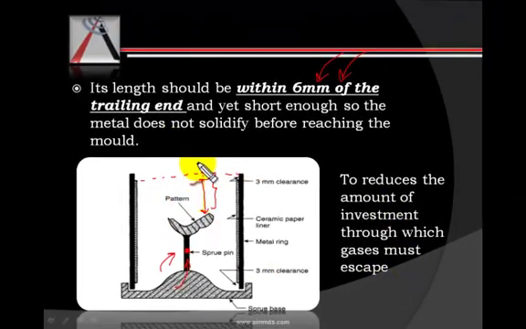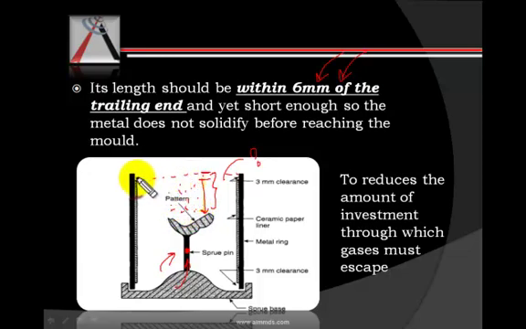So why do we need to position the wax pattern within 6 millimeters of the trailing end? That is one question. We want this mold to be close to the trailing end because when the wax is eliminated and there is an empty cavity before we flow in our molten metal, a lot of gases are already occupying this mold space, and while the metal reaches this mold space, these gases should escape out, and this is possible because of the porosity in the investment.